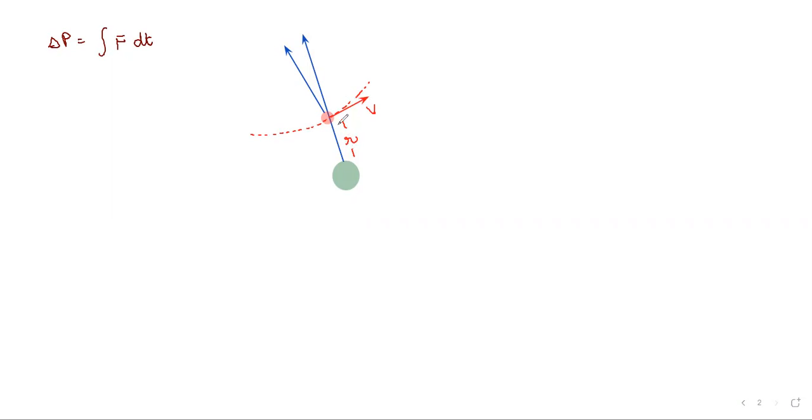This separation will be minimum when the velocity component is perpendicular to the separation. That you know from your first year while explaining the relative velocity concept, the distance between two boats, two ships rowing in different directions, while calculating the minimum separation between them, what we use is the relative velocity between them.